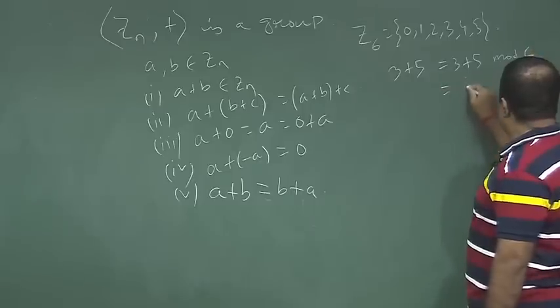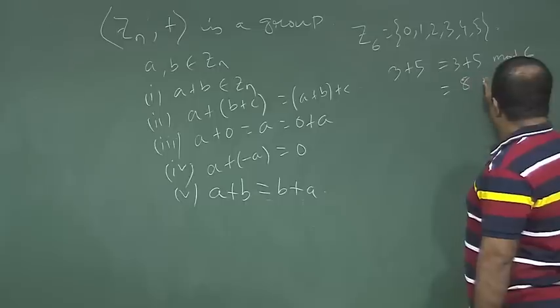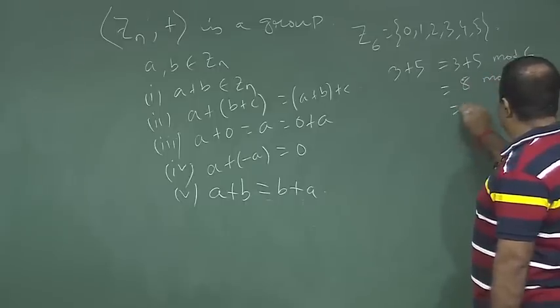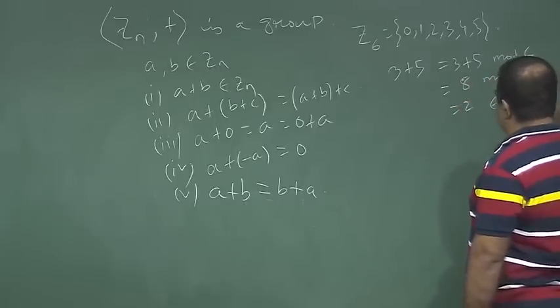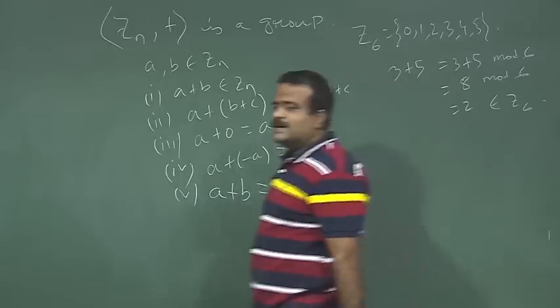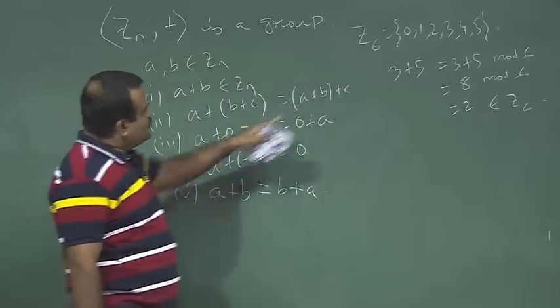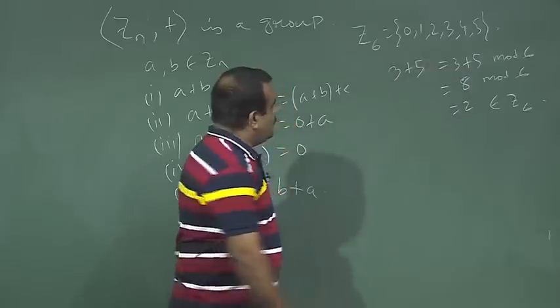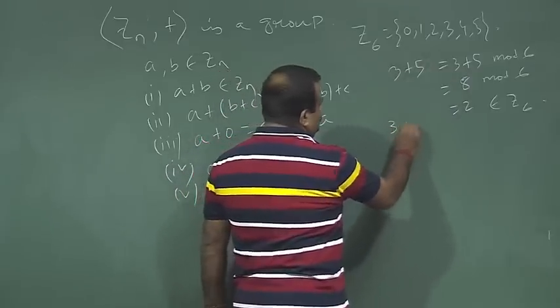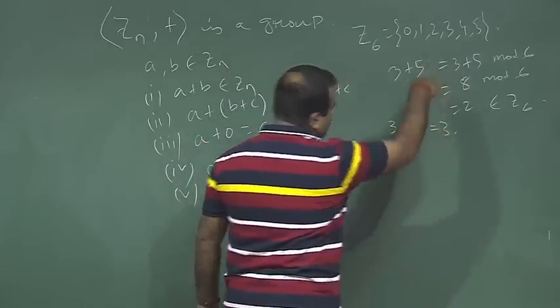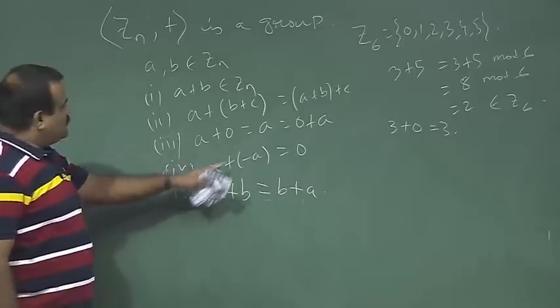So, this is 8, basically 8 mod 6, which is 2, which belongs to Z6. So, the closure property is satisfied. Similarly, we can show that associativity is also satisfied. Then 0 is there. If you take any element, 3 plus 0 is 3, any element plus 0 is the element itself. Now, the inverse.